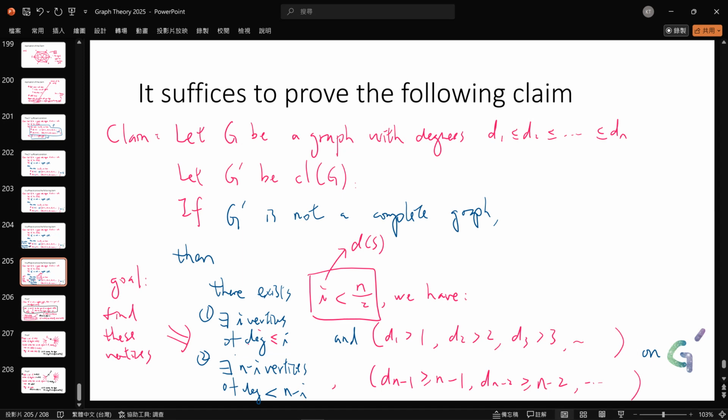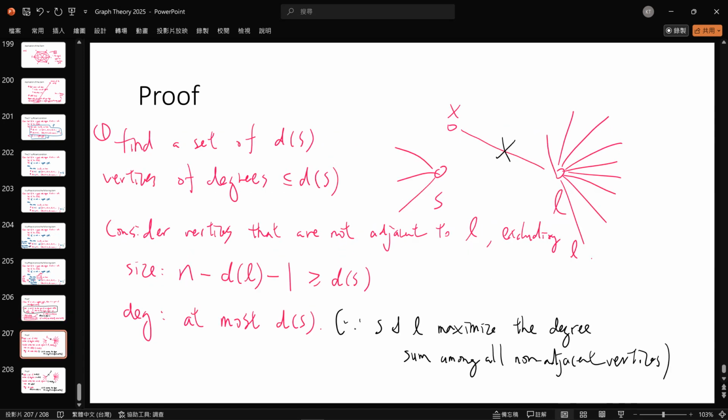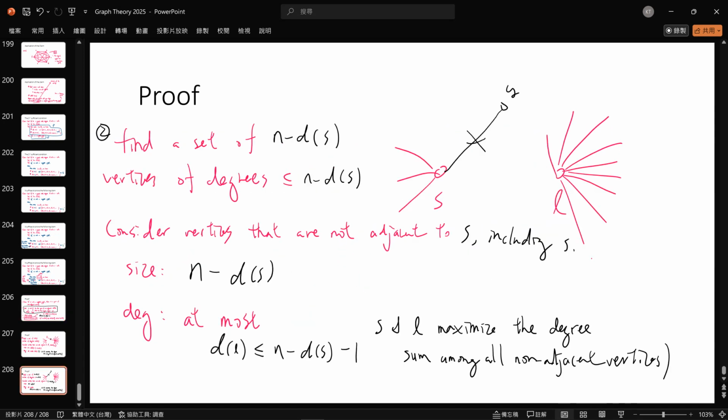Oh, and also this is degree less than n minus ds, okay? So this is equivalent to n minus ds minus 1, because degrees must be integers.